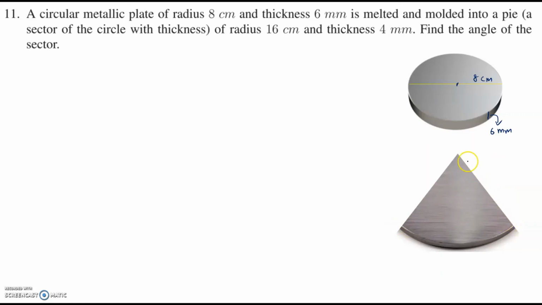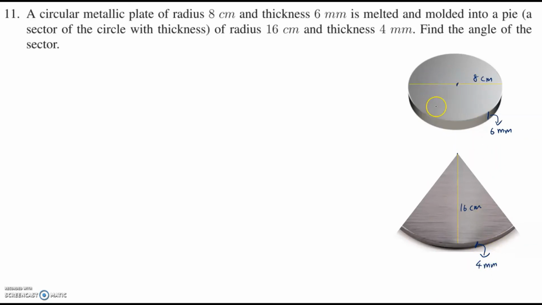Now a pie is a part of a circle. So the radius of the circle would be this length, which is given as 16 centimeters, and the thickness of this pie is 4 mm.